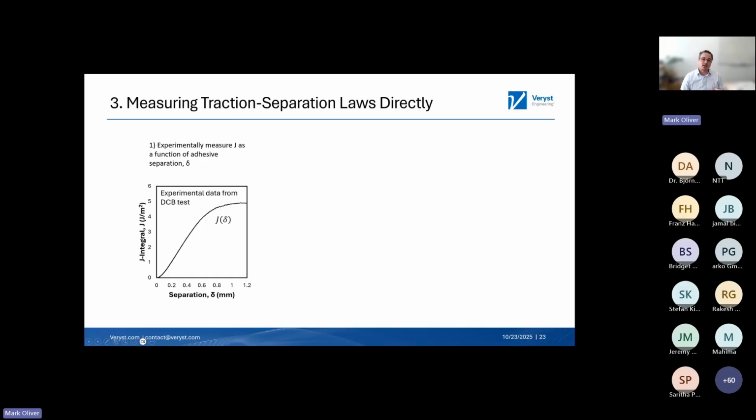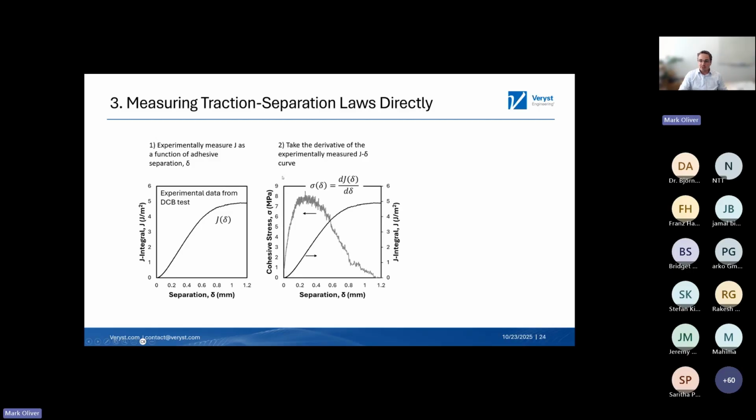All right, so what does this look like? What's an example of this data? You go in the lab, you run this test, and the data that you get out is the J integral. J is a function of the crack tip separation. This is experimental data that we extracted from a double cantilever beam test.